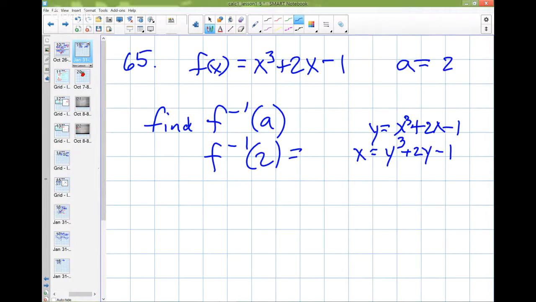Now, here's where the fun starts. Can you solve that for y? It's a stinker, because you could add 1 to both sides, and then you could factor a y out of the right, but that really doesn't lead you to a point where you can solve for y.